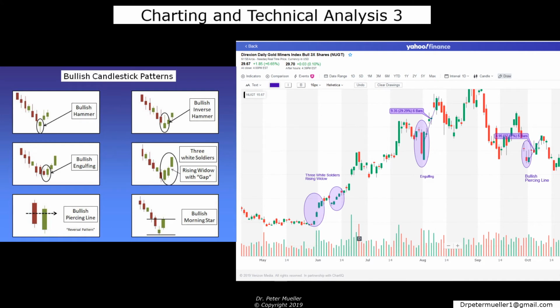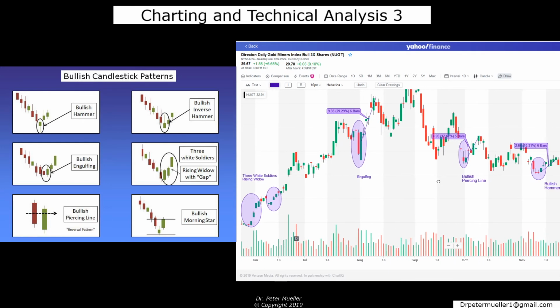Then you can see here a very classic engulfing pattern. You see the green bar is much bigger than the red one, and the body of the green totally covers the entire candlestick of the red one. And when we go a little bit more to the right, we have an example of the bullish piercing line.